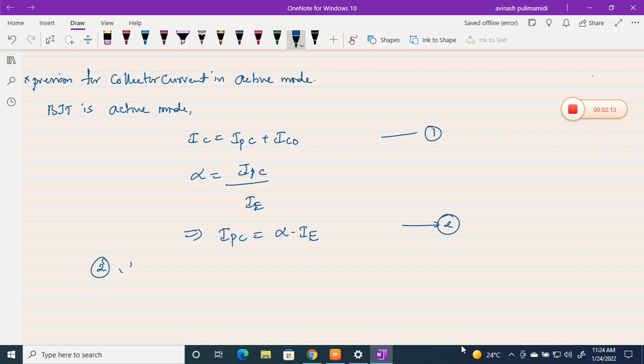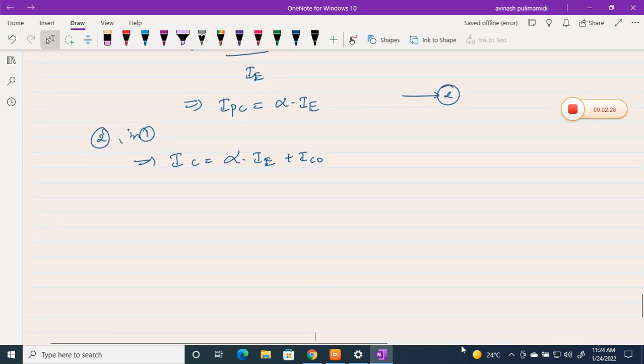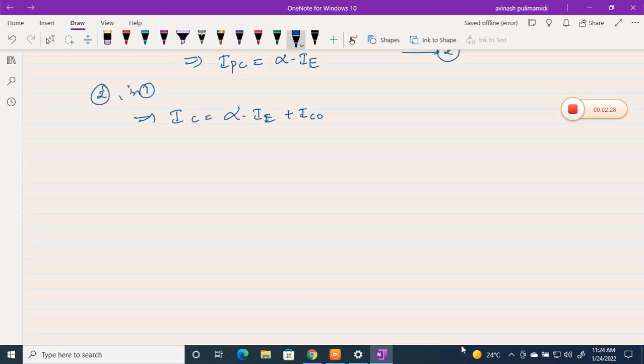Substituting 2 in 1, what do we get? IC is equal to alpha times IE plus IC naught. Yes or no? So this is equation number 3.